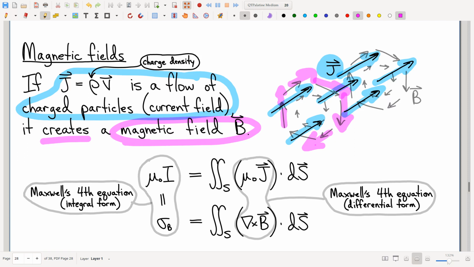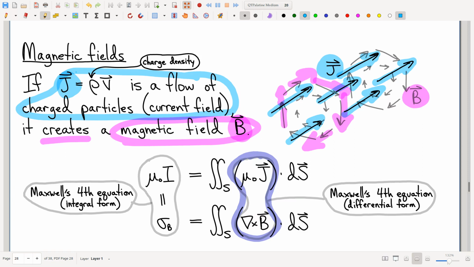So what's the relationship? What's the algebraic relationship between these two things? And it turns out to be very conveniently just this right here. That the curl of the magnetic field, let me do my color coding. The curl of the magnetic field is, other than a constant there, the current field.